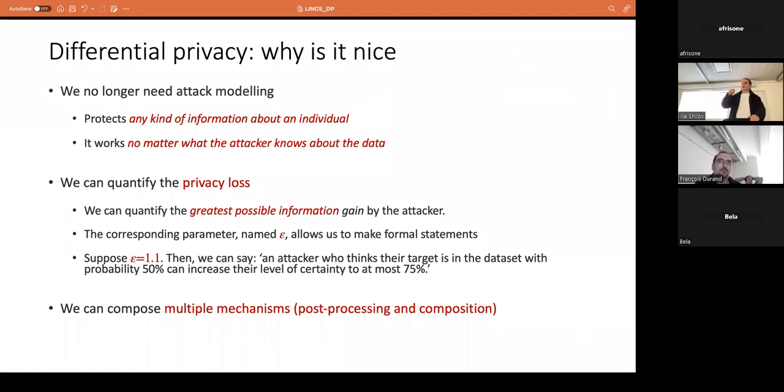If you make a query a lot of times, then you will be able just to track, because the noise will be the same. Differential privacy doesn't guarantee that you will avoid it, because it's impossible to avoid it. If you have the possibility to make a lot of queries, then of course you will draw a distribution there.